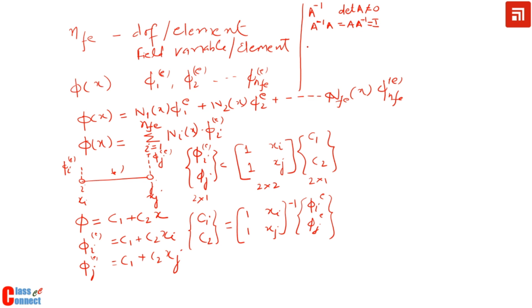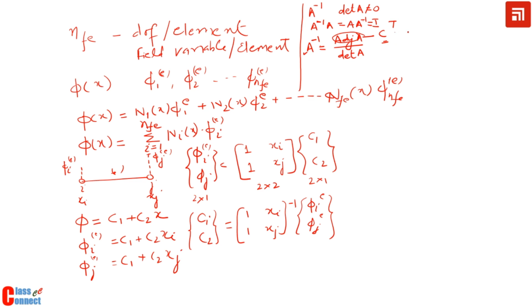The formula for the inverse is adjoint A divided by determinant of A. This we can find out using C transpose, and C transpose is nothing but the cofactor matrix.